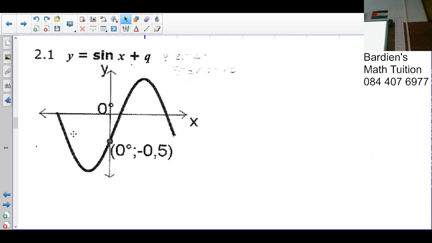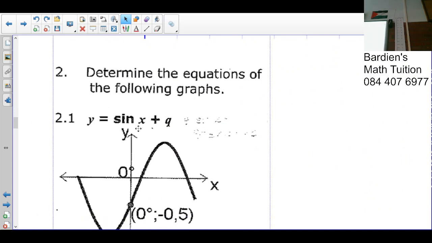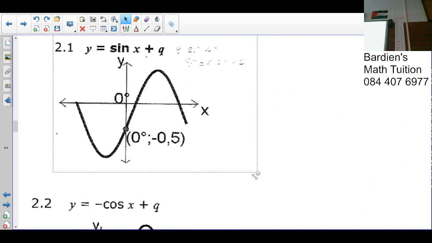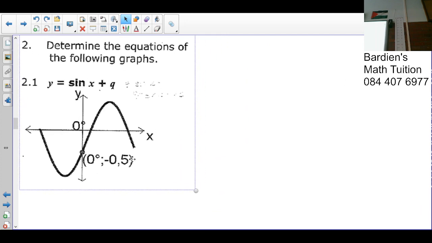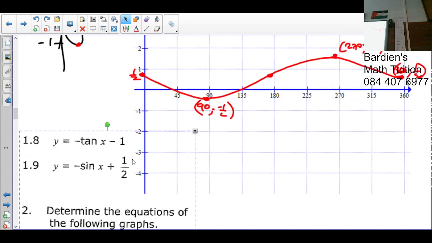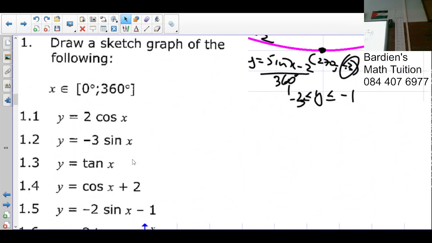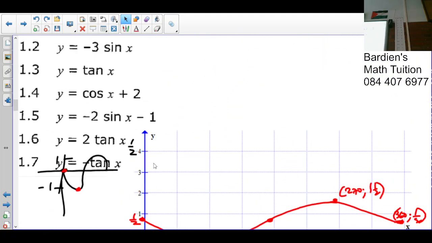Let's go to number 2. So here, the question says determine the equation of the following graphs. Didn't I give a reference here as well?